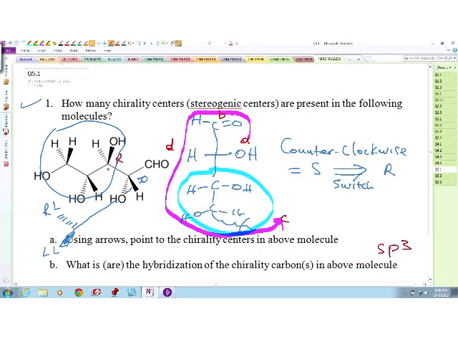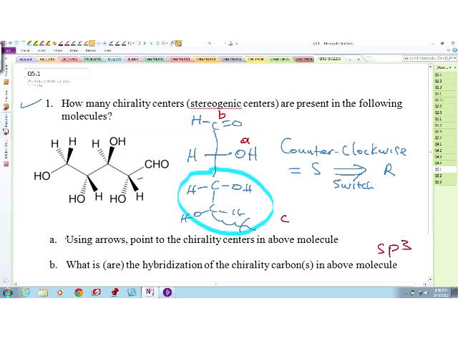So this becomes R. So therefore, this here is R.